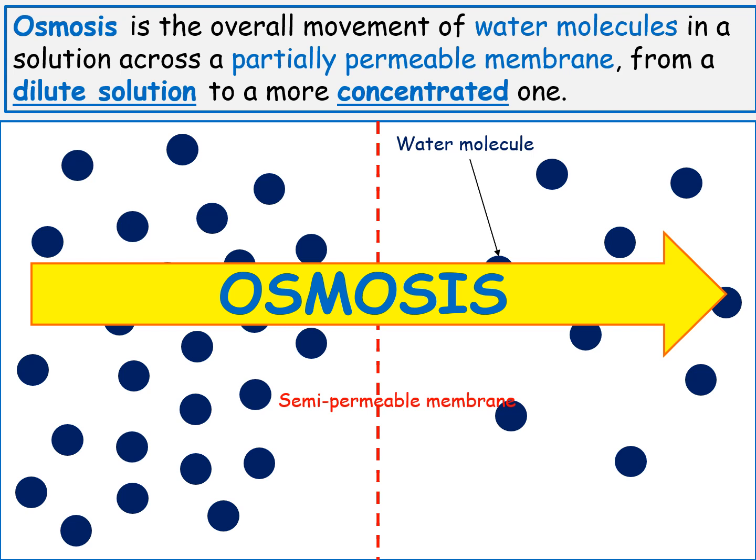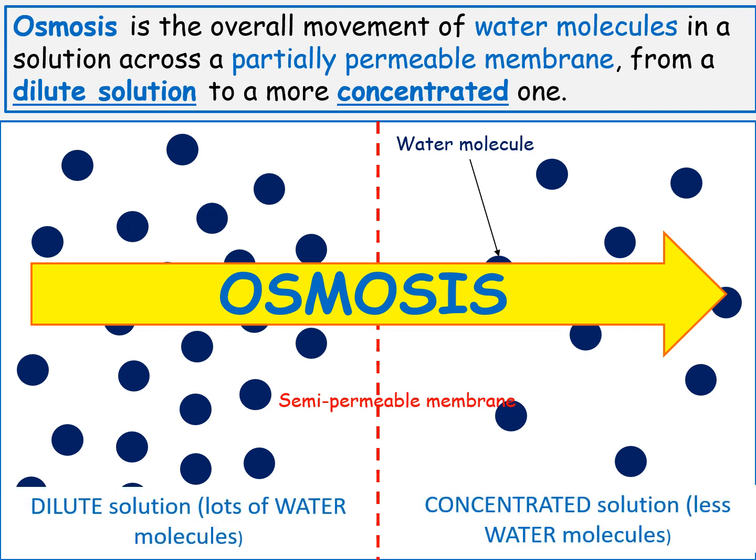Okay. Now osmosis can get a little bit tricky when you start to add in more terms to it. Okay, so for example, that left hand side has got a really high concentration of water. There's lots of water molecules, but what that actually means is it's a dilute solution, so it's quite a weak solution. So if you were to think of orange cordial, it'd be really a weak solution of orange cordial because there's lots of water there.